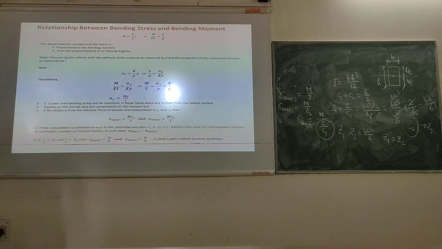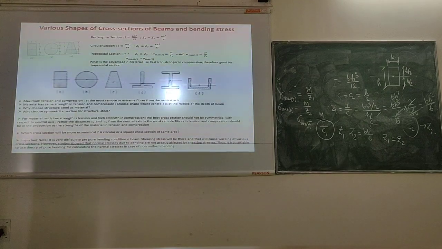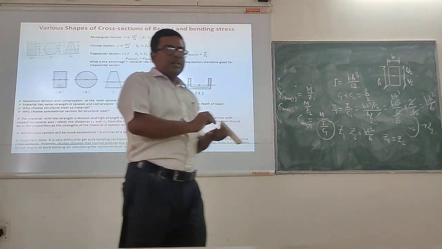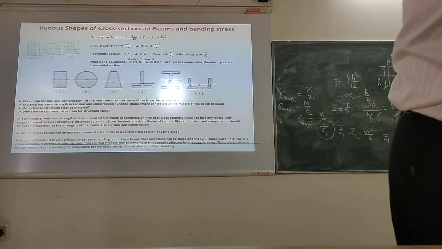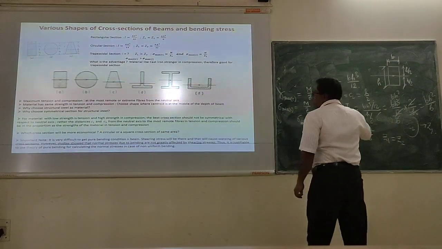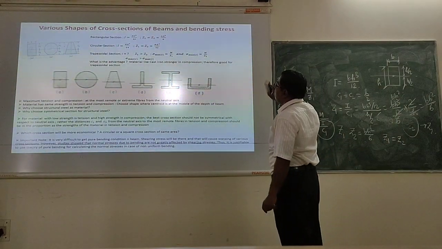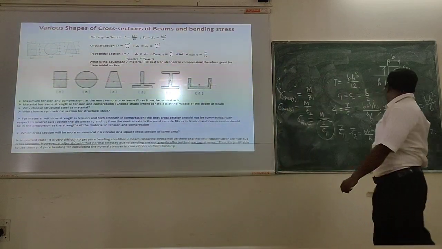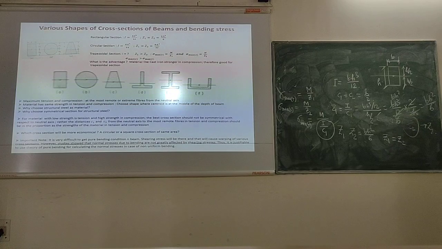Now do it for circular section. So what will be the circular section modulus? Did something go a little wrong? Will it be BH cube or BH square? BH cube by 12 or BH square by 6?